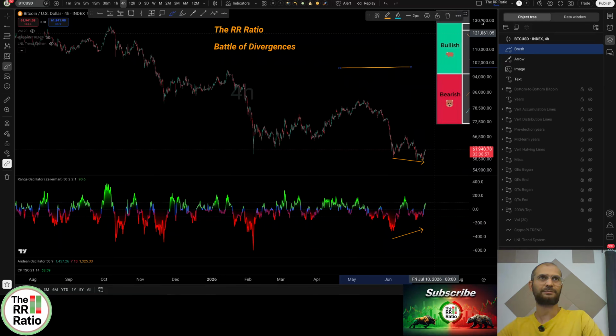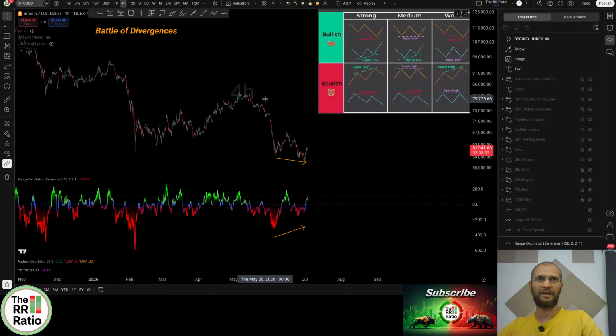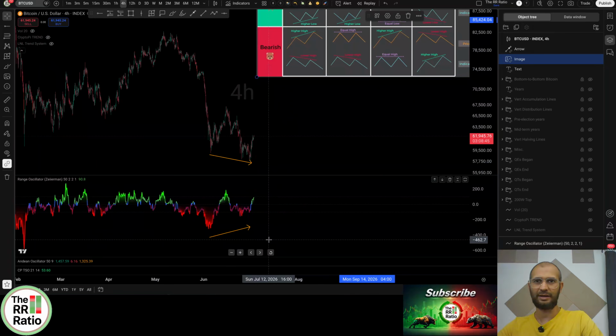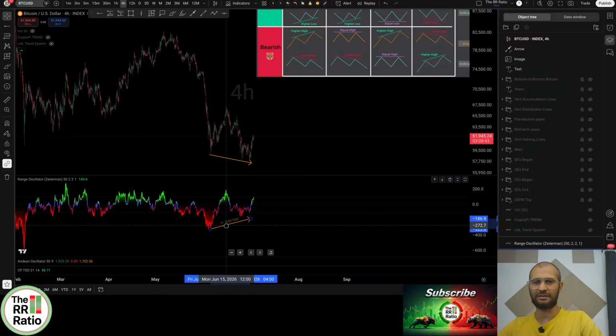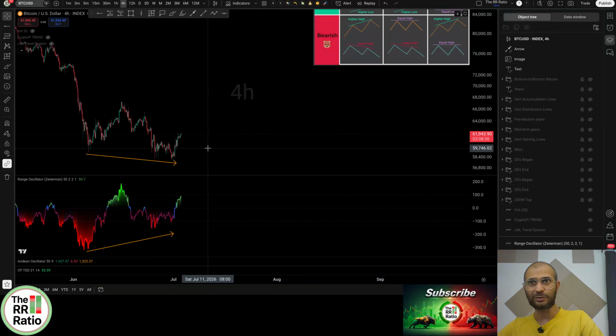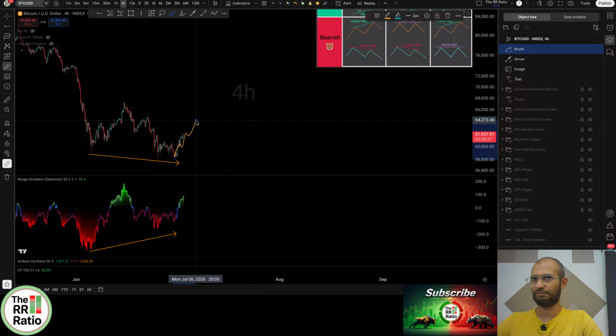If I bring back our divergence chart, you see the price is making a lower low on the 4-hour, and the indicator is making a higher low. And this played out, or is playing out, quite well. We see that price has bounced up from this point and it's showing quite some bullish strength here.